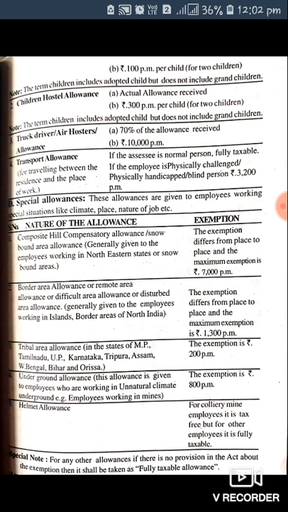And underground allowance: this allowance is given to employees who are working in unnatural climate underground, employees working in the mines, and the exemption is 800 per month. Helmet allowance for colliery mines employees is tax free, but for other employees it is fully taxable.